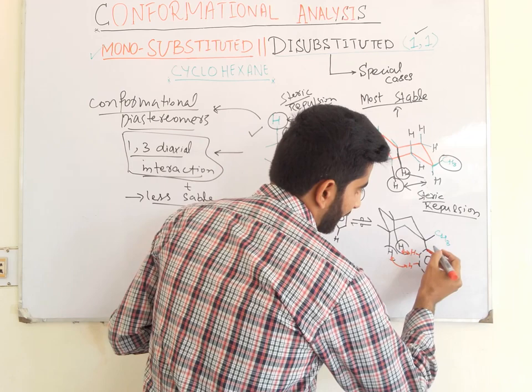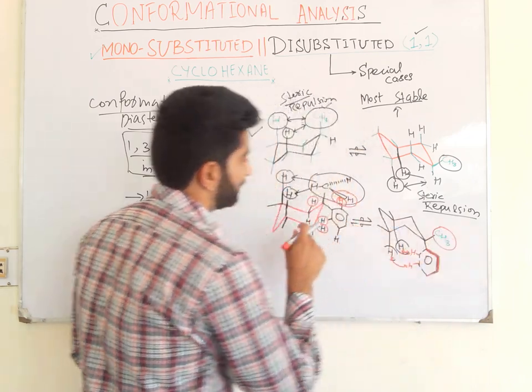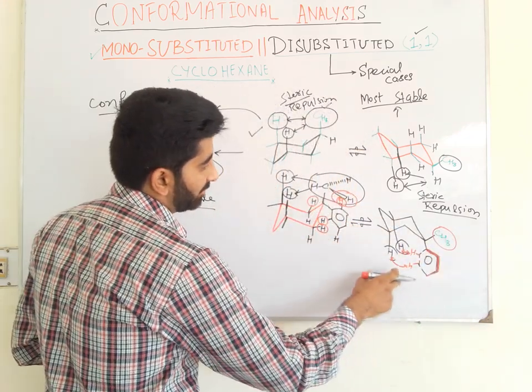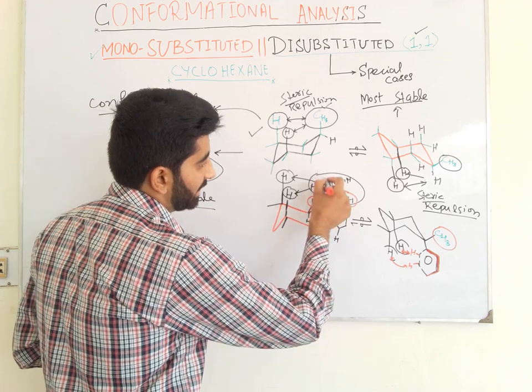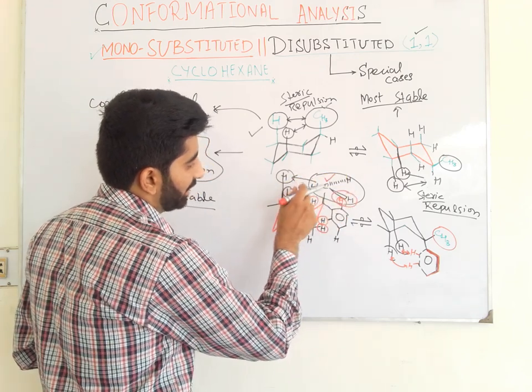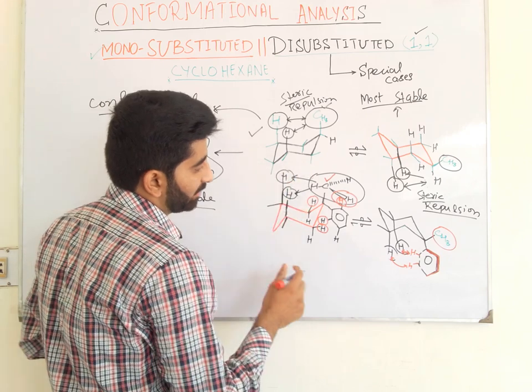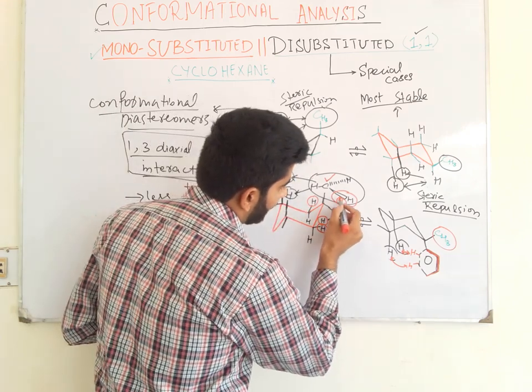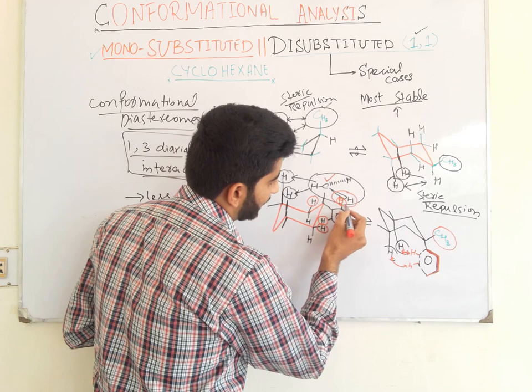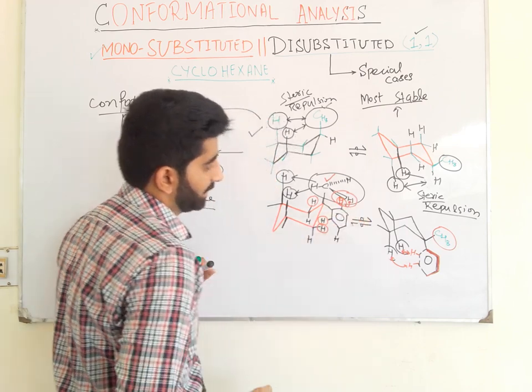Secondly, there is no 1,3-diaxial interaction in this conformation like this, because here we can see that there is a methyl group showing interaction with these diaxial hydrogens, and secondly this hydrogen of phenyl also shows hindrance with this hydrogen.